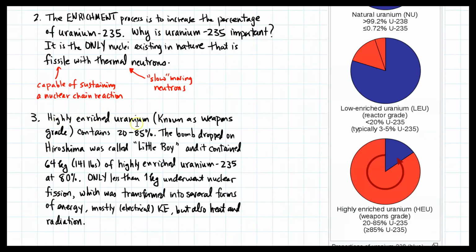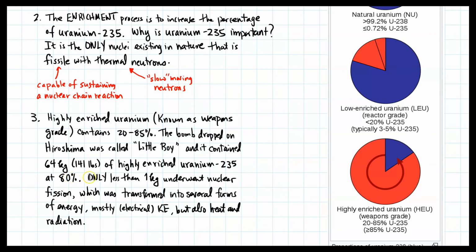3. Highly enriched uranium, which is known as weapons-grade uranium, contains 20 to 85%. The bomb dropped over Hiroshima was called Little Boy, and it contained 64 kilograms, or 141 pounds, of highly enriched uranium-235 at an average percentage of 80%.